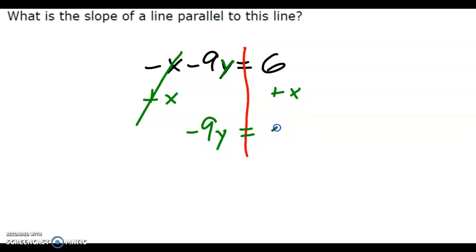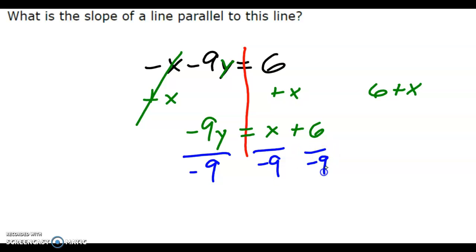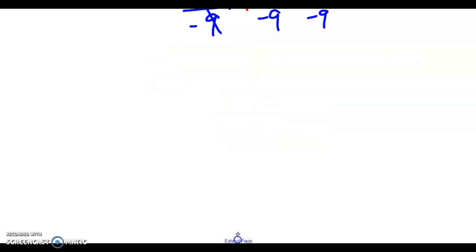And then let's just do it this way just to change it up this time. X plus 6. Remember, you could have it as 6 plus x. It doesn't matter. Just know that you can't combine those. So you add the x to get rid of it since it's a negative to begin with. Now we go ahead and divide everything by -9. So that's gone. So your y is now alone.